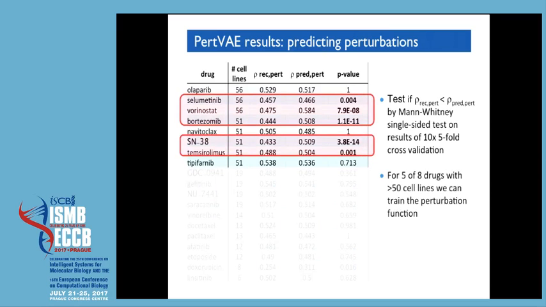And it's the case for 5 out of 8 drugs for which we have at least 51 cell lines. For those that we have fewer, the model doesn't really work that well. The drug effect function just overfits.